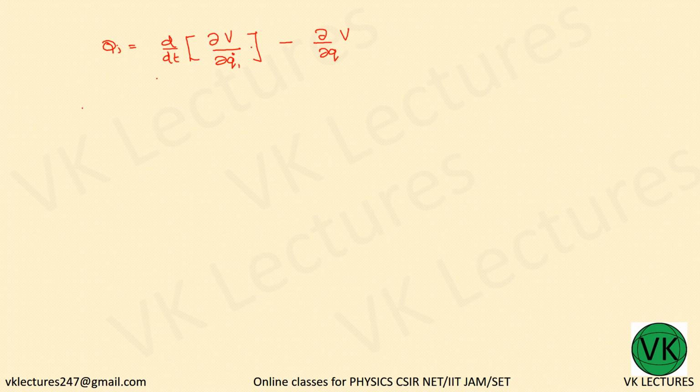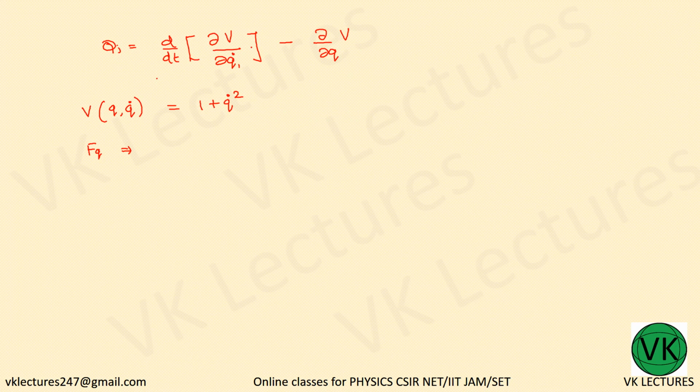Suppose we have a potential which is a function of q and q dot given by 1 plus q dot squared. So this is the potential given. We are asked to find out the Fq.